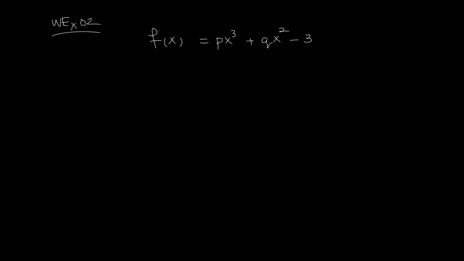Something like f(x) is given as px^3 plus qx^2 minus 3x minus 7. Now you can see for yourself, there are two unknown constants. So technically, this will be a question involving simultaneous equations.